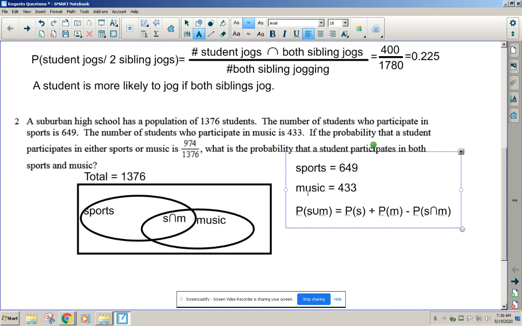So here's the formula from way, way back when we began this. So let's write some things in.